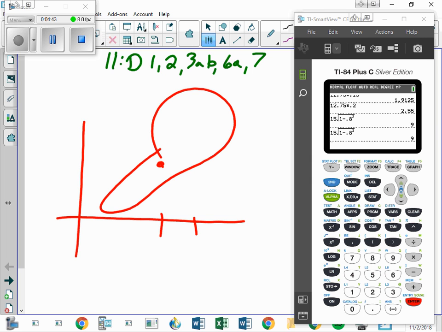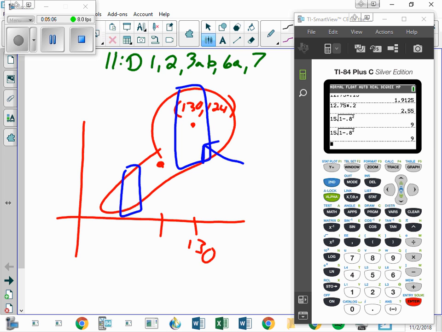If I go over here to 130, and this is 130, 124, how much variation is there in this column? A lot. Is it going to be 9? No, it's more. Now, how much variation is there over here? Not very much. So this one is probably a lot more than 9, and this one is a lot less than 9, and because the graph is not football shaped, our rules don't apply. So that would be false.